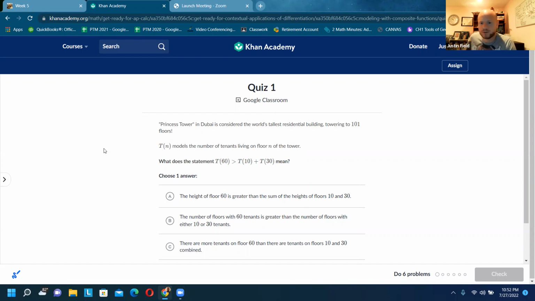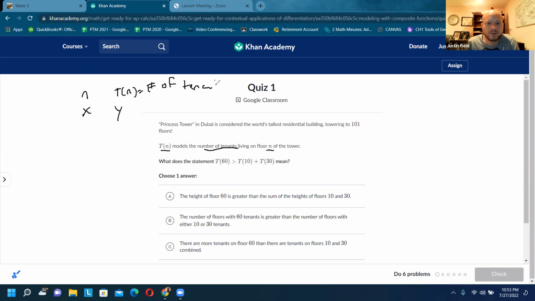So in order to answer this question, we have to understand what our X and Y variables are, right? And so our X variable is that N, and the Y variable is T of N. So what does T of N represent? T of N models the number of tenants living on floor N. So this is number of tenants.